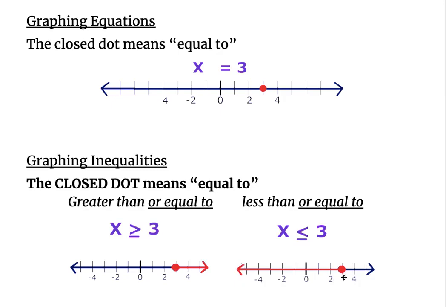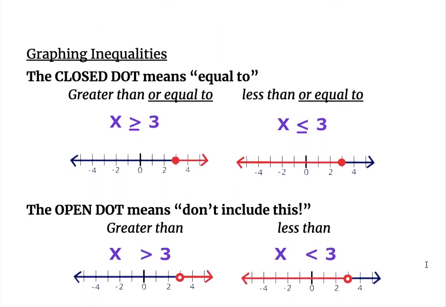So everything that's shaded in is less than or equal to 3. All these numbers, including the ones we don't even see on the number line, are shaded in because they are less than 3. And we're also closing that dot at 3 to show that these are less than or equal to 3.